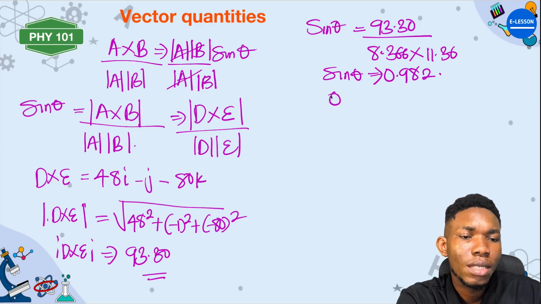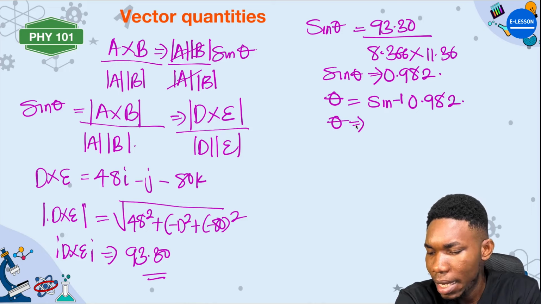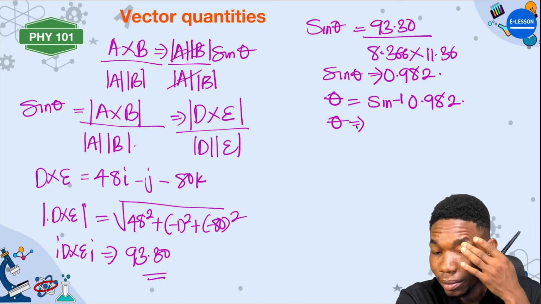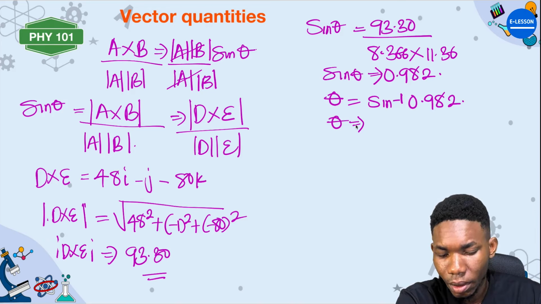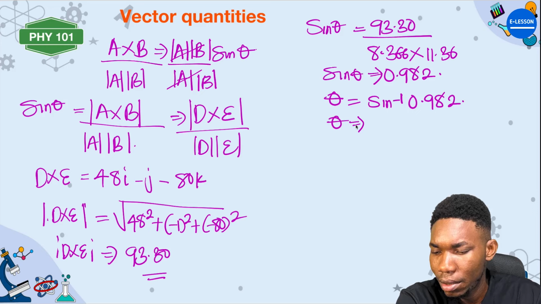So theta, I told you that when you get to this point, to get your theta, you now find sine inverse of 0.982. All right? Theta will be equal to, what do you think is sine inverse? I told you that is shift sine of 0.982.